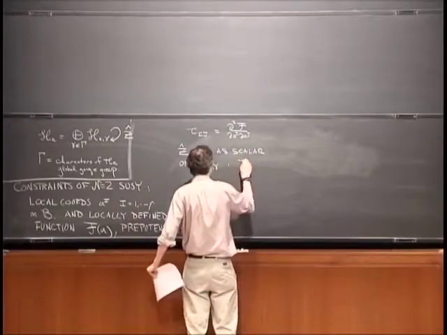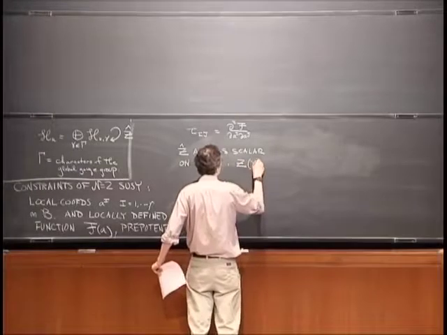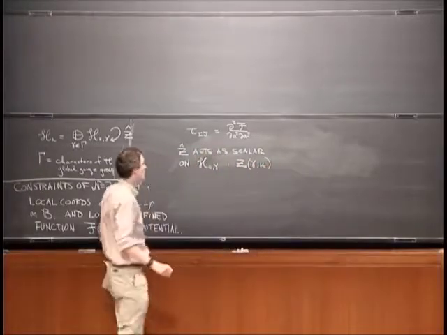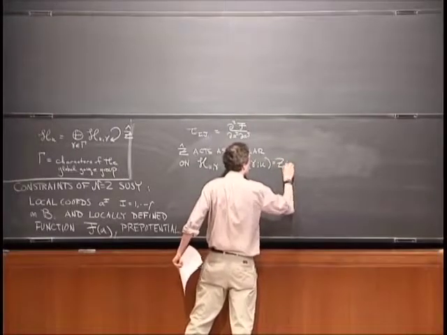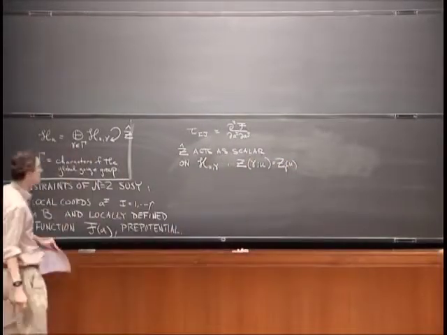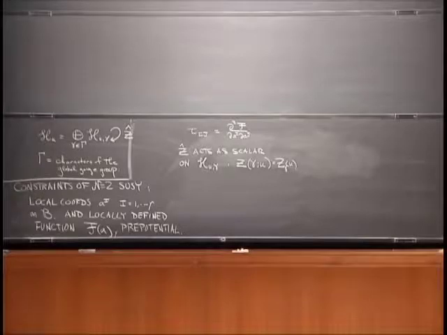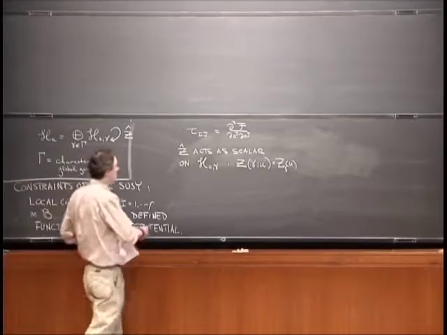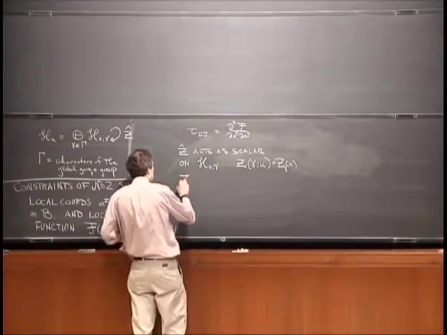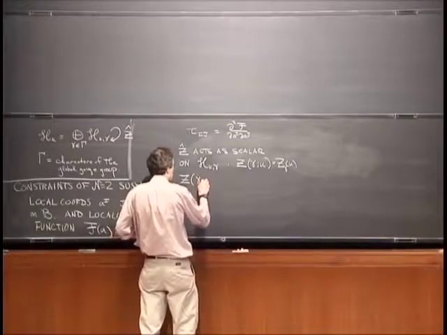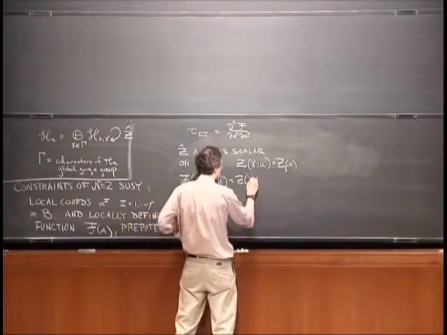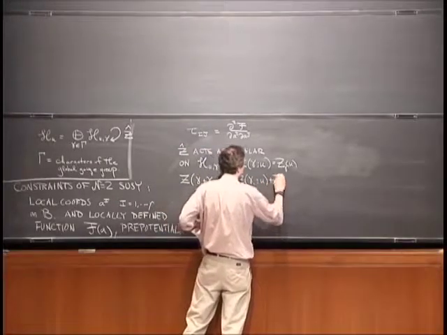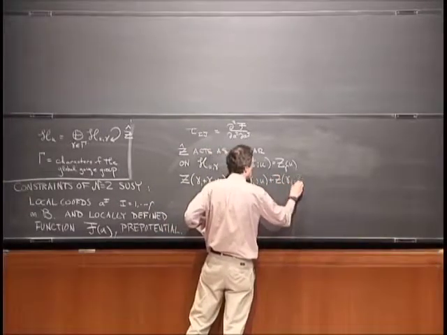So we call that scalar Z of gamma, u, or sometimes I'll also write Z_gamma of u, and call it the central charge function. In all the examples I know, the central charge function is linear in gamma. So it's Z of gamma_1, u plus Z of gamma_2, u.